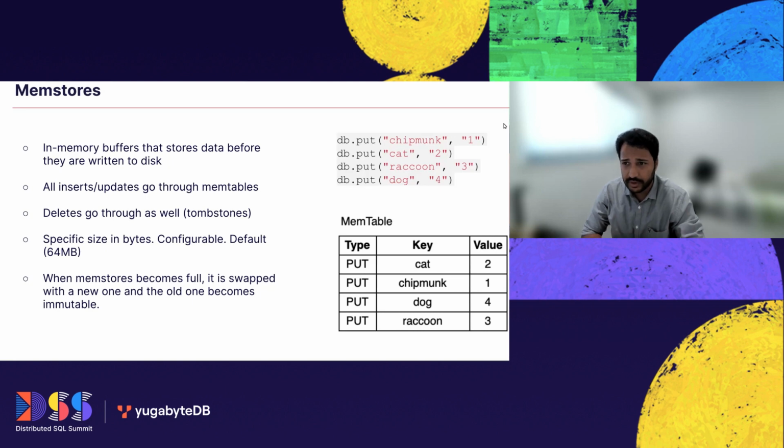So let's say you have 4 animals, chipmunk, cat, raccoon, and dog, with some values that are just 1, 2, 3, 4. You can see how in the memstore, those values are not in the same order coming from the application. So they are not in 1, 2, 3, and 4, but in the memstore, they are already sorted by the keys alphabetically. So the memstore automatically sorts them when it is stored in the memory.